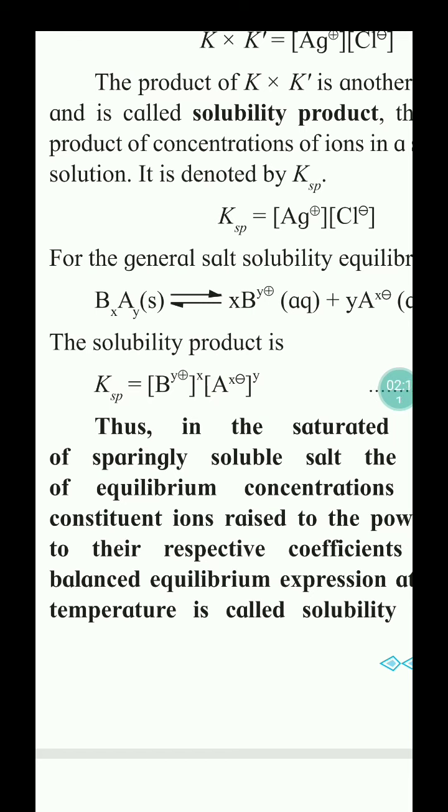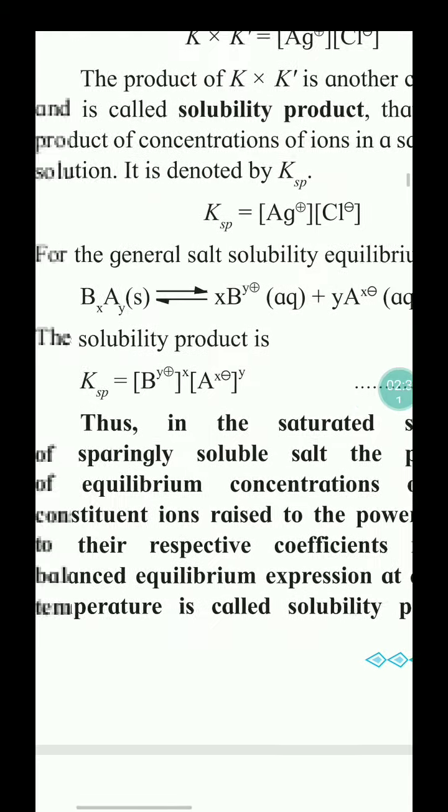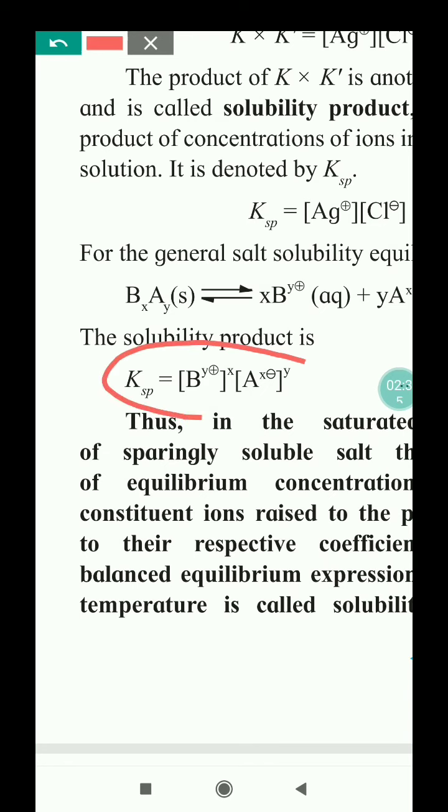So the solubility product Ksp is given by the concentration of B^y+ raised to power x and A^x- raised to power y. Thus in the saturated solution, this is the solubility product.